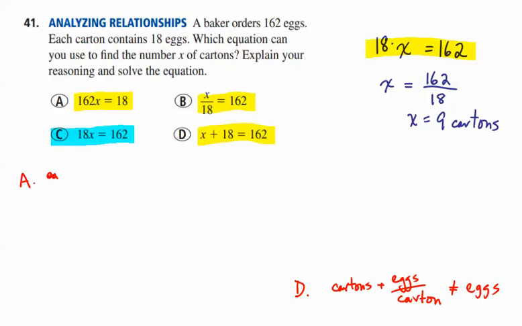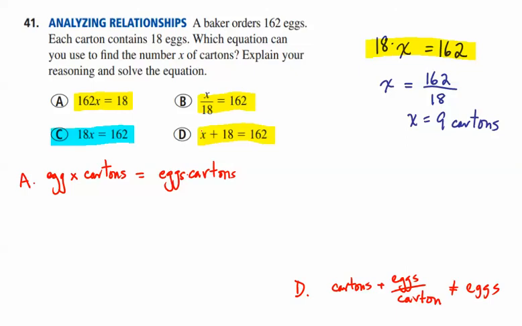So we would have eggs times, and x is cartons, the number of cartons we have. So our result there would be something called egg cartons. Now it's eggs times cartons, because we do have cartons of eggs.